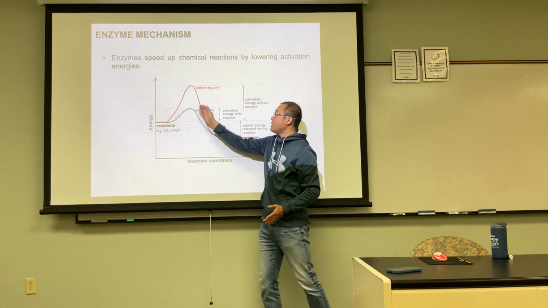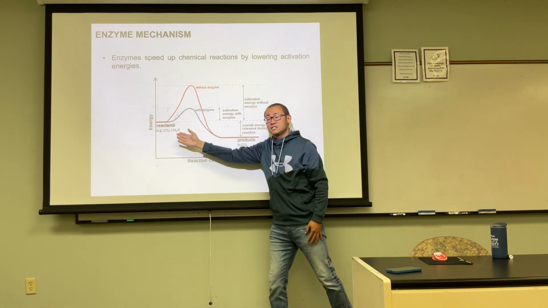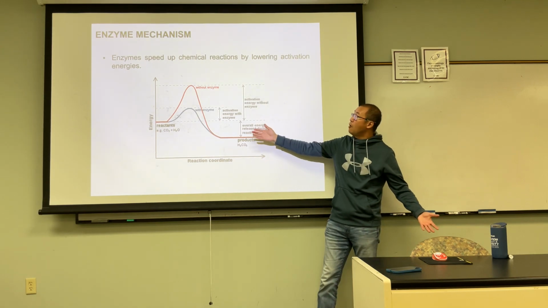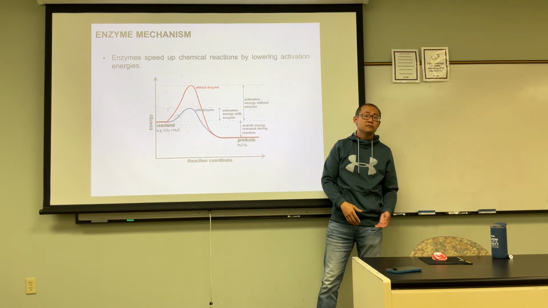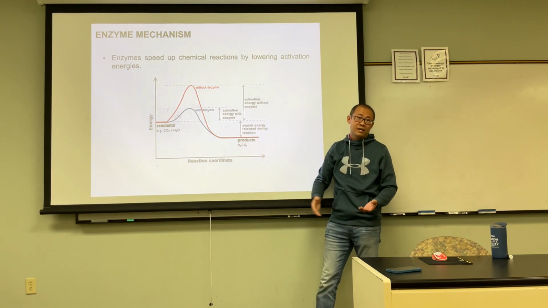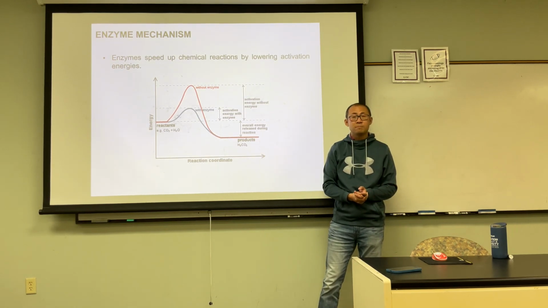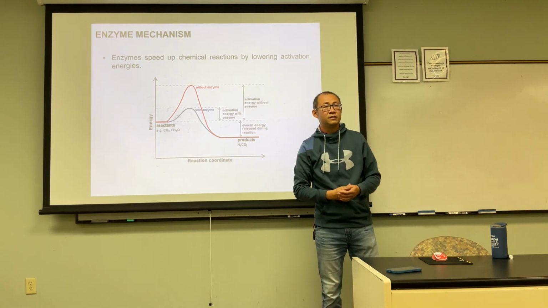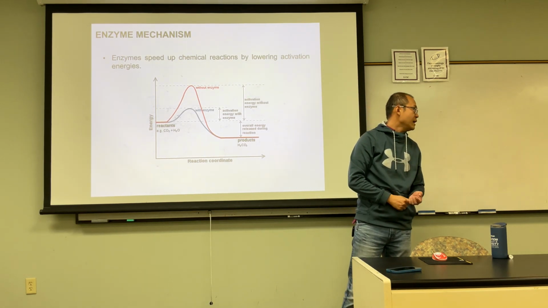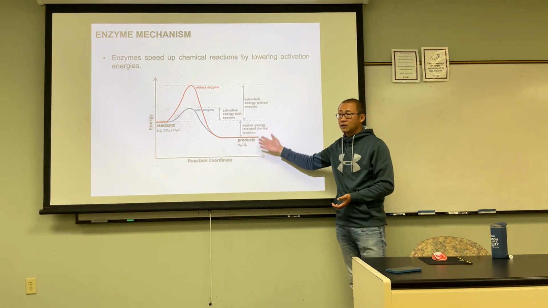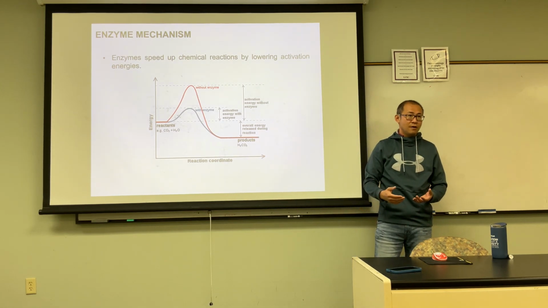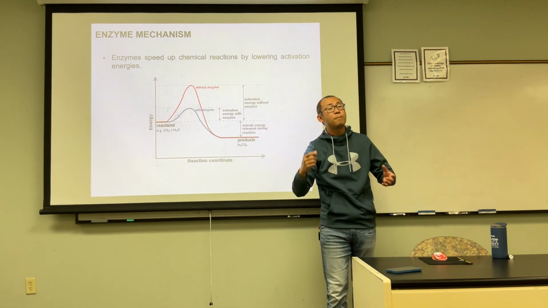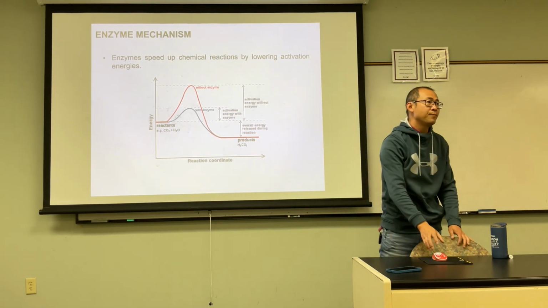And overcoming easier means what? More reactants can become products. And that's basically how enzymes work, or in general, all catalysts work in this way. They speed up the reaction by what? By lowering the activation energy, the energy barrier for any reaction. Okay, that's just basically how enzymes work. Of course, the new pathway is involving the enzyme. Enzyme mostly will participate in a reaction.